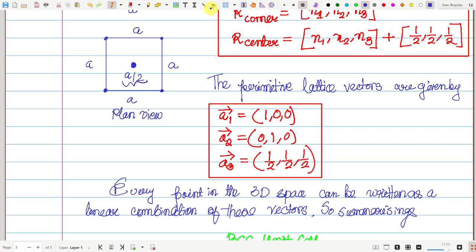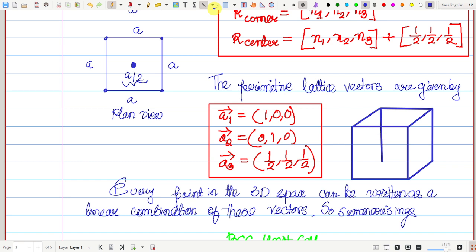So let me draw it. Okay, just wait. So if we draw this, and then we draw the different lattice points.